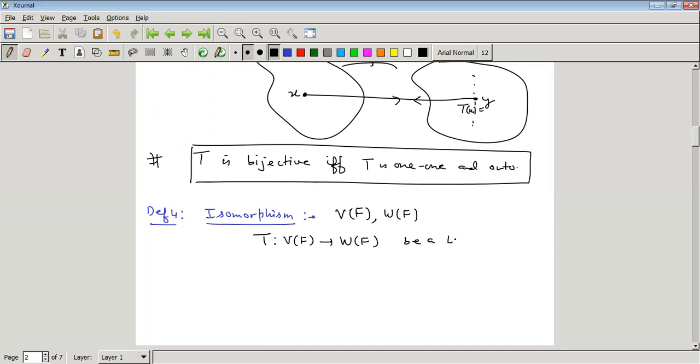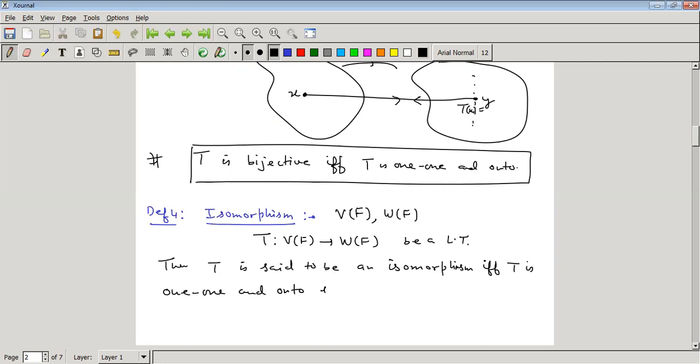Then T is said to be an isomorphism if and only if T is one-one and onto, that is, bijective.